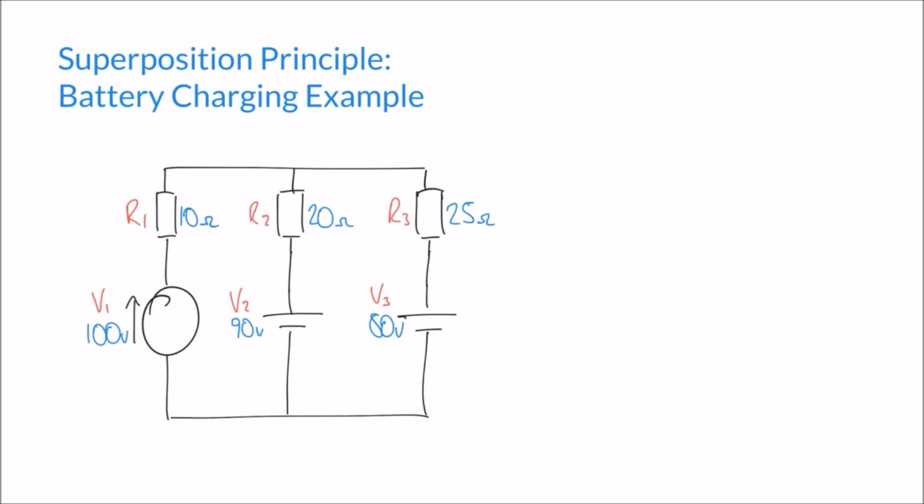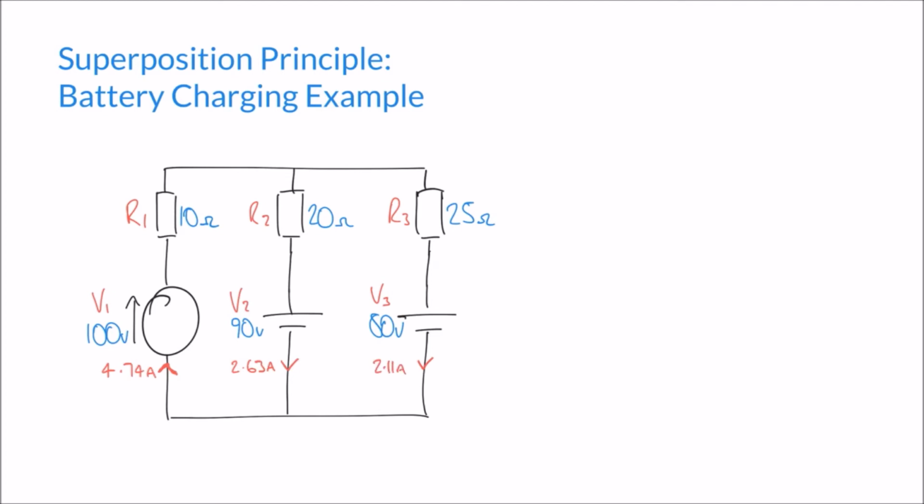Taking into account their direction as well, we had our current I1 splitting into I2 and I3 going back to the power supply. And just to squeeze some values on there, we said that I1 in this case was 4.74 amps, and that's split into 2.63 amps and 2.11 amps.